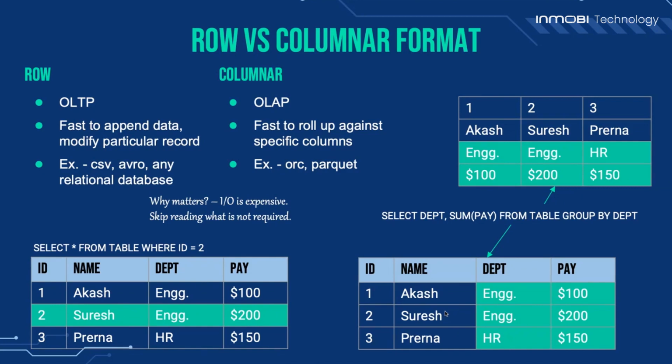But with Avro or other row-based approaches, there is a possibility that you can skip rows. We'll talk about the transactional world also, how indexing happens in the relational database, and then how in big data things are a little different from what we see in the relational world.